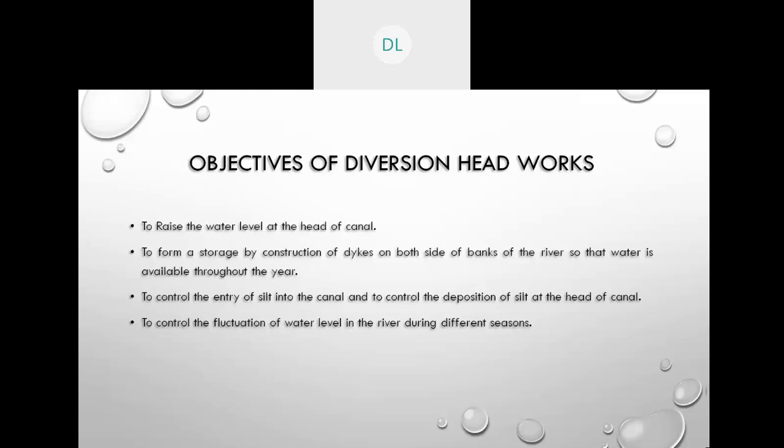That is how we control the fluctuation of river flow, sometimes when the river flow is low, sometimes when the river is flooding. In both cases, these weirs and barrages or other structures act as regulators. So I think these four objectives of all the diversion headworks are now clear in your mind.